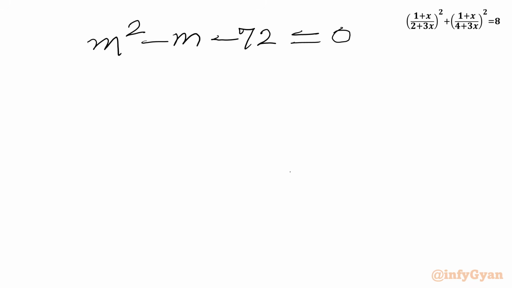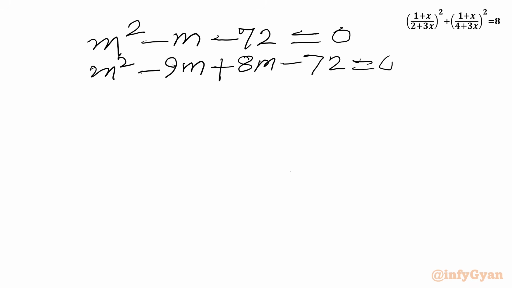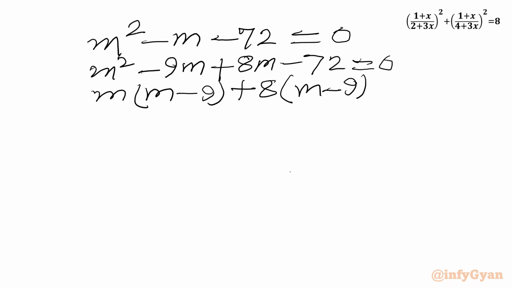Equation is quadratic. We can use method of factorization. We can write middle term minus m as minus 9m plus 8m, minus 72 equal to 0. We'll take m common. In the bracket, there will be m minus 9. Then we have 8 common. In the bracket, we'll write m minus 9 equal to 0.